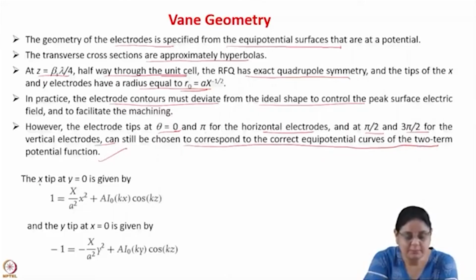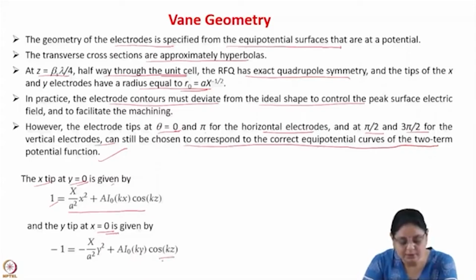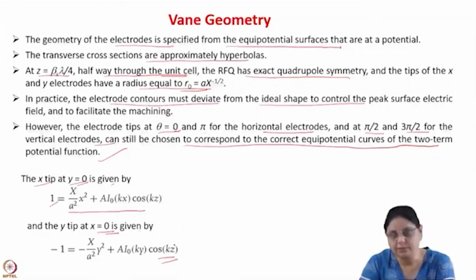At the x tip, y is equal to 0, so this is given by 1 is equal to X by a square x square plus A I0 kx cos kz. This will give you the profile in the x and z direction. Similarly for the y tip, x is equal to 0 and we get minus 1 is equal to minus X by a square y square plus A I0 ky cos kz. This will give you the profile of the vane in the YZ direction.